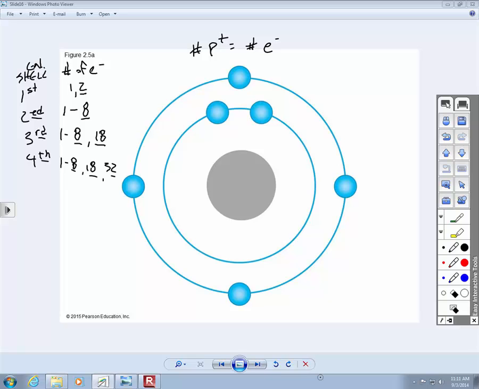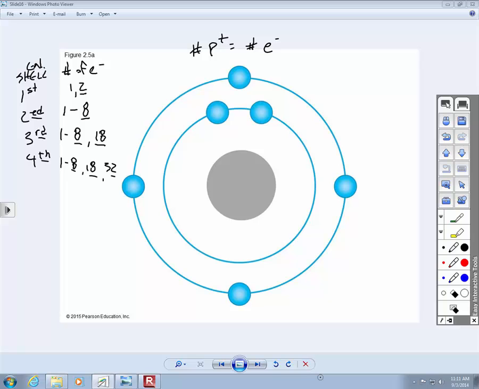So if you look at your periodic table, if you're looking at group 4A, so that's the vertical column again, the very first element you have there is carbon. Notice in the upper right-hand corner, you see these two really small numbers.